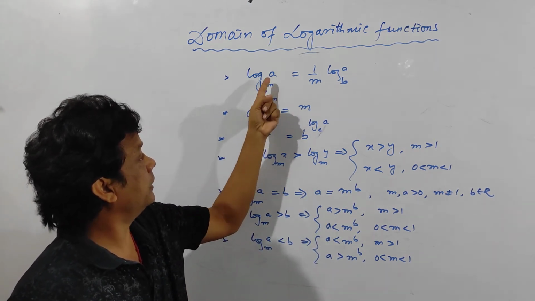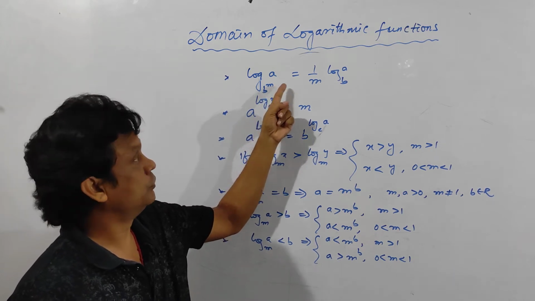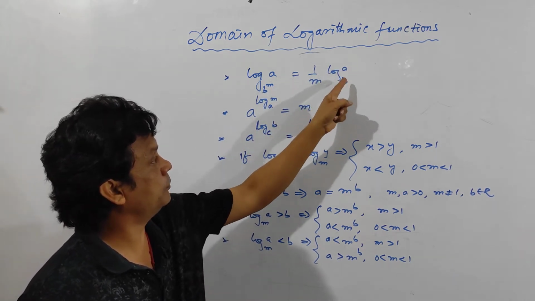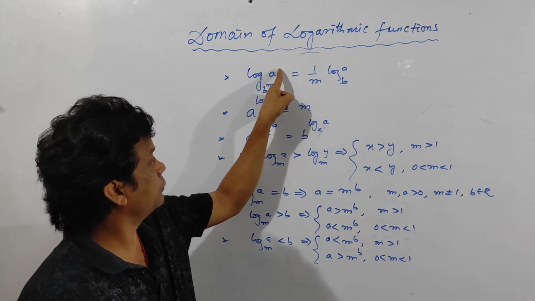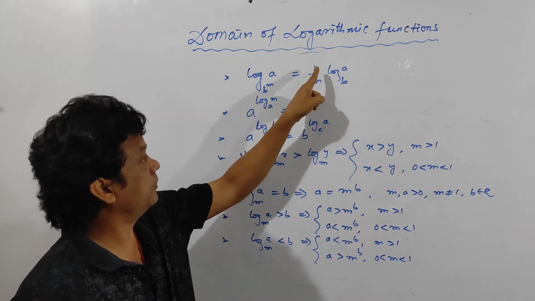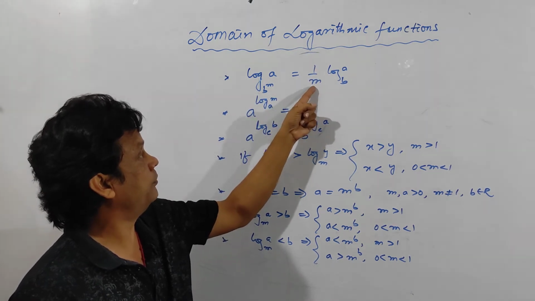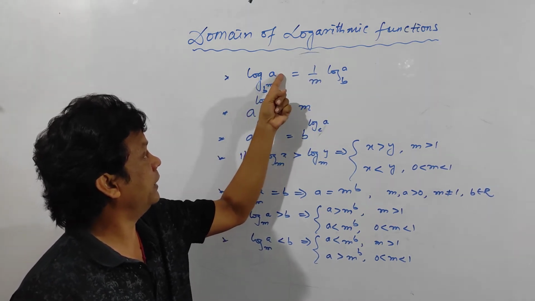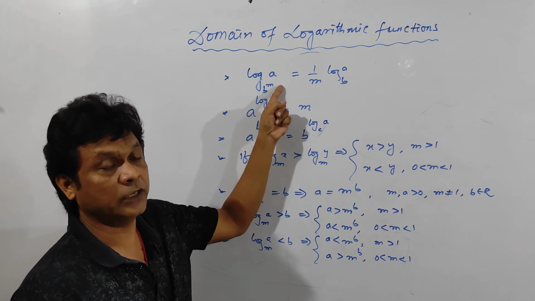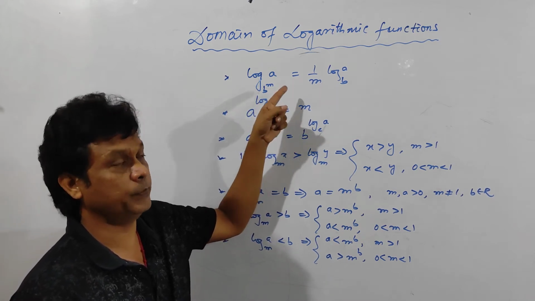Log a with the base b to the n is equal to 1 by n log a to the base b. If the power of the argument comes to the front side, it becomes simply n, and if the power of the base comes to the front side, it becomes 1 by n, because this one is equal to log a by log b to the m, and log b to the m is m into log b.